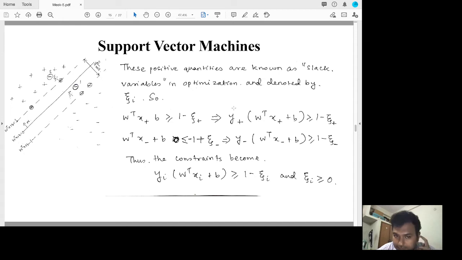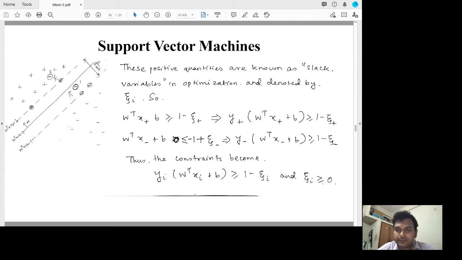Similarly, as I showed when I was formulating SVM for the first time, if I multiply by y plus and y minus, you are just multiplying the first by plus 1 and the second equation by minus 1, and therefore these two equations again become similar. Thus the constraints become yi into W transpose xi plus b greater than or equal to 1 minus xi i, and xi i is greater than or equal to 0.